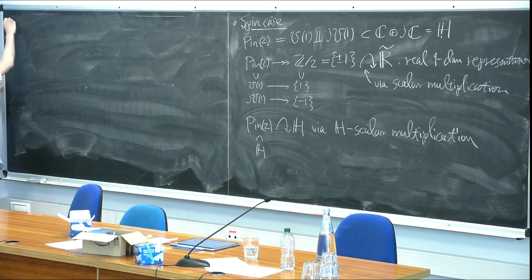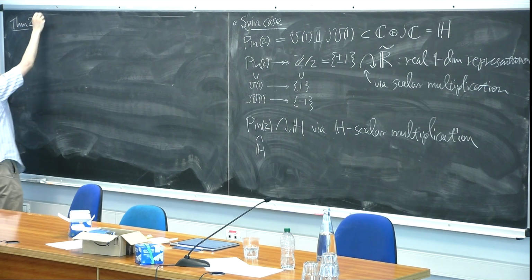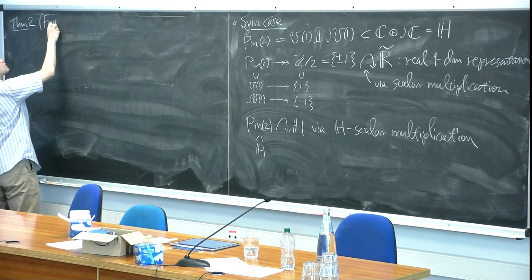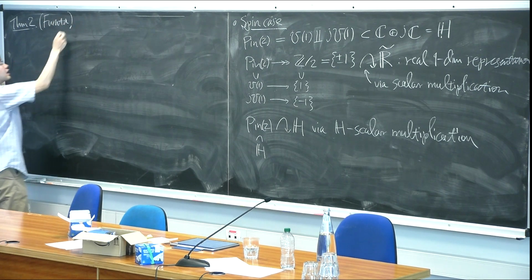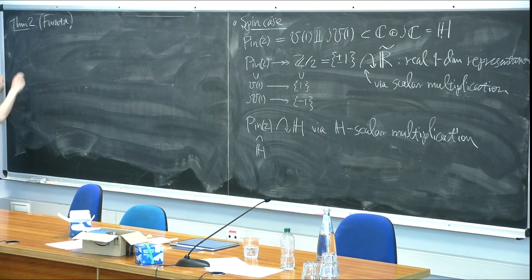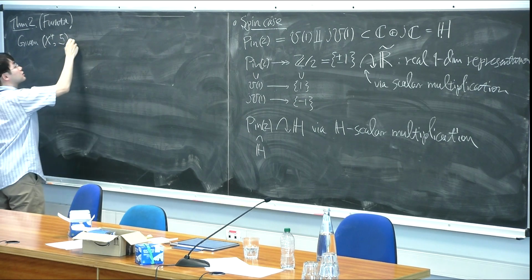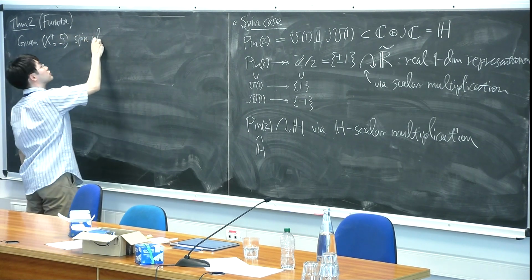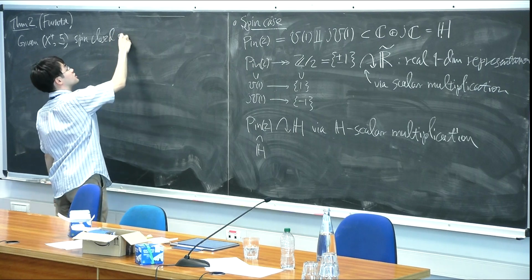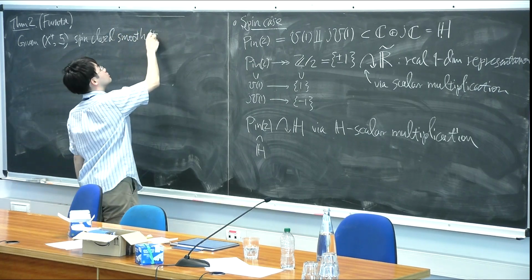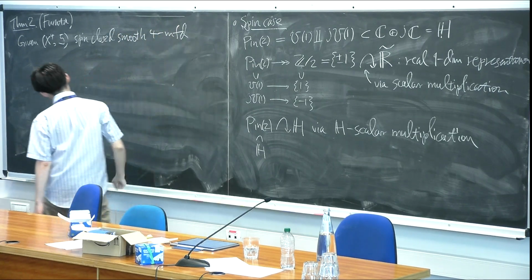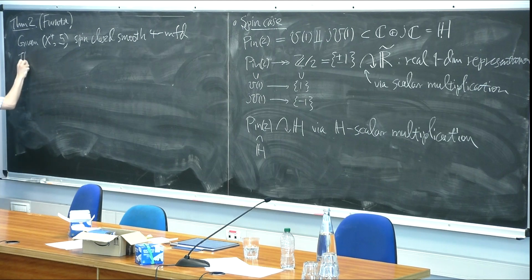Now I can write down the second theorem, which essentially appeared in Furuta's paper when he proved the 10/8 inequality. Let X be a spin closed, and of course smooth, four-manifold. Then I will write a pretty similar looking statement.